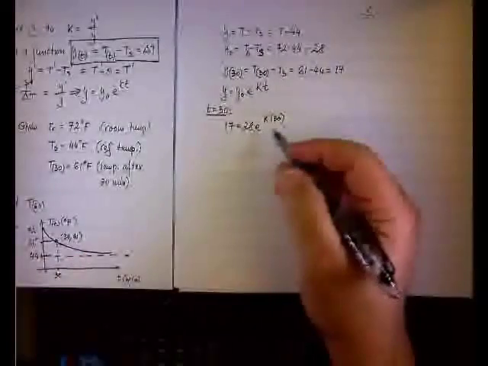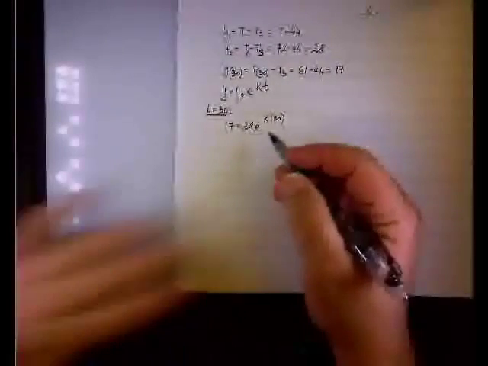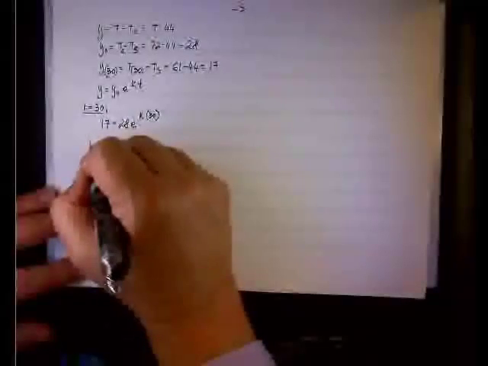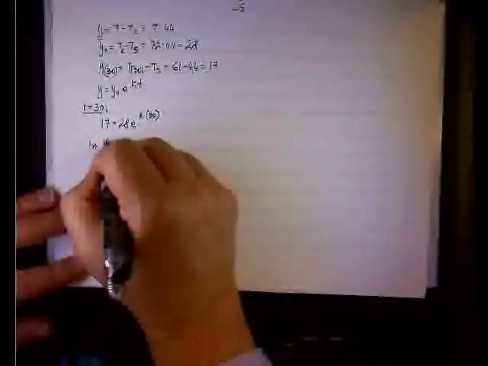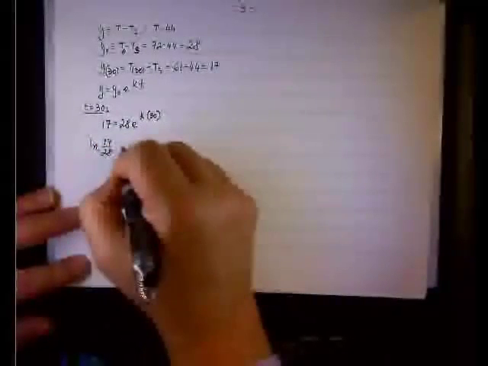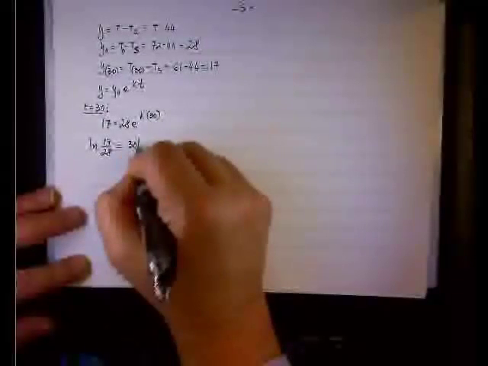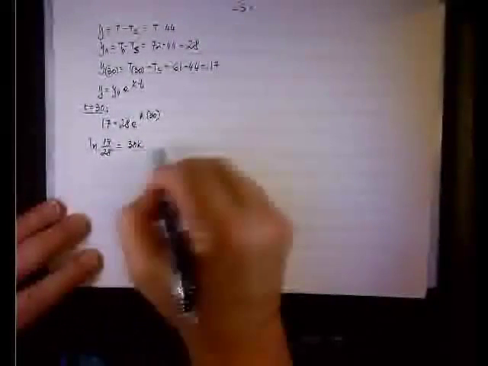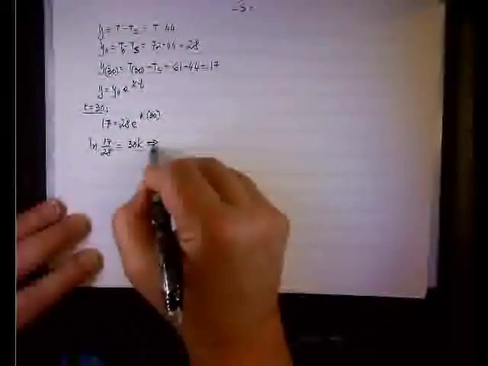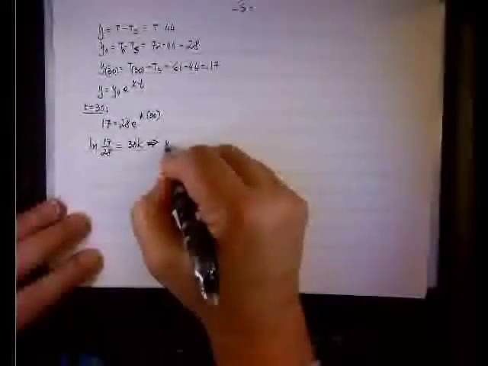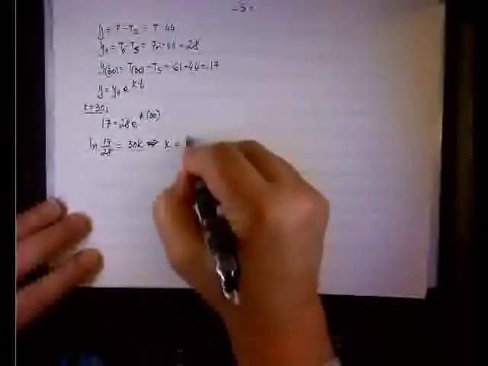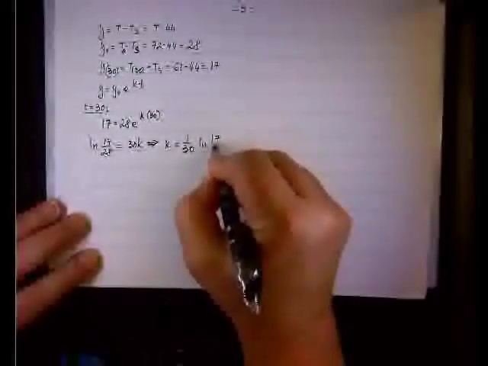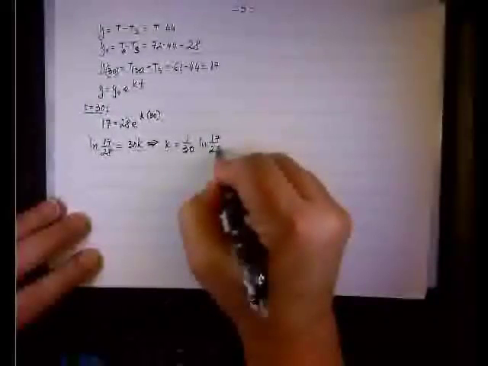Divide by 28 and apply the natural log, as we've done before, and you have the natural log of 17 over 28 equals 30k, natural log of e, of course. And k, the cooling rate, k is 1 over 30 times the natural log of 17 over 28.